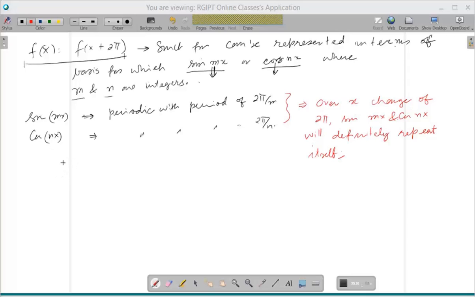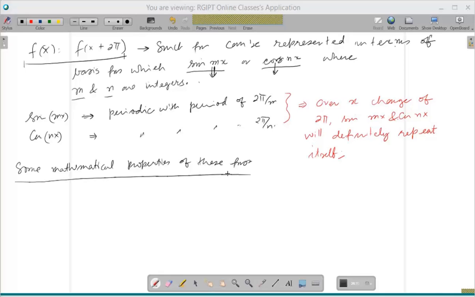So let's see. There are some mathematical properties of these functions which are relevant here, which you can always check.